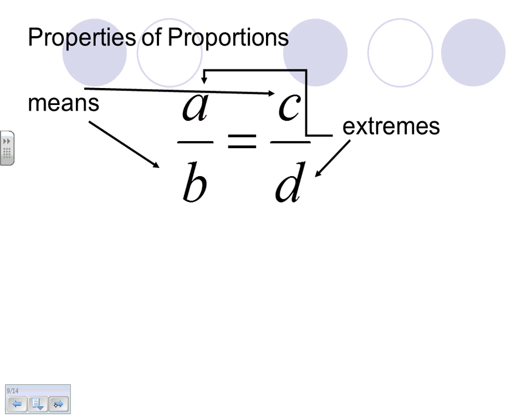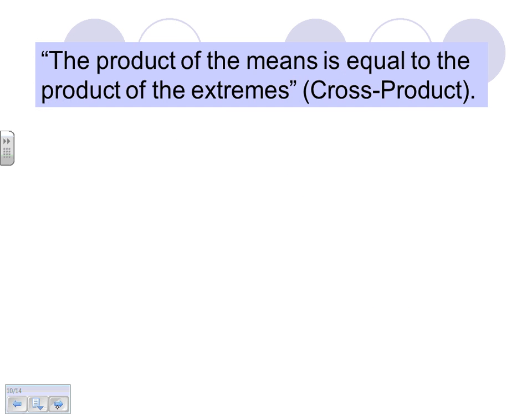You may remember what you did in Algebra 1 to solve a proportion. We're going to cross multiply. It's not going to be any different than what you've already done. Same idea. This is the cross multiplying, or the setup there, the cross product.